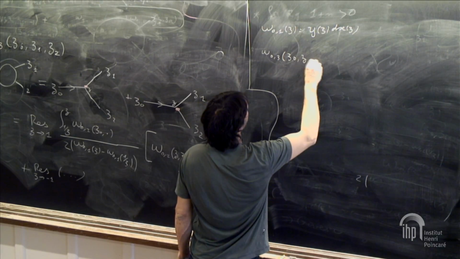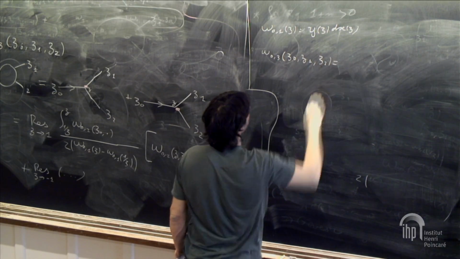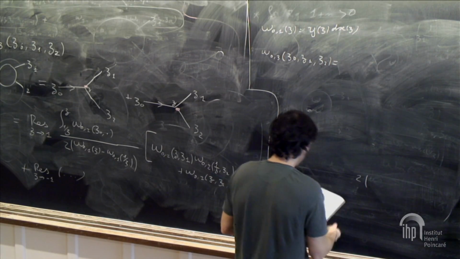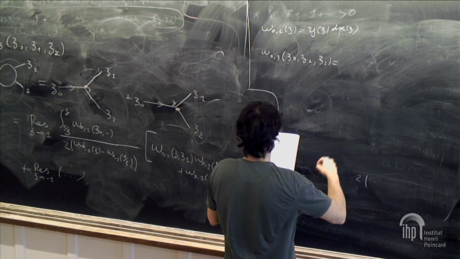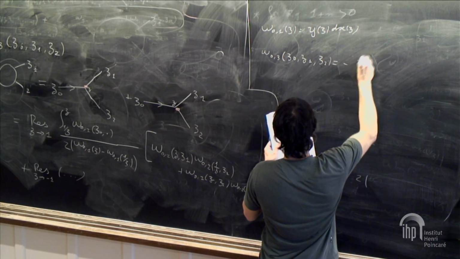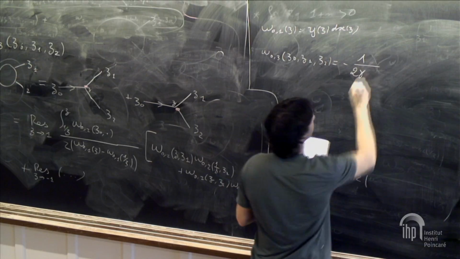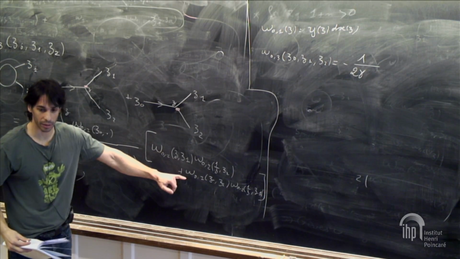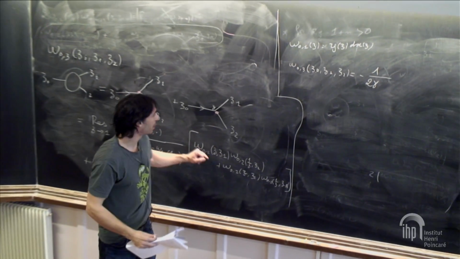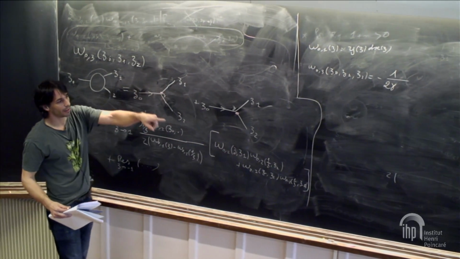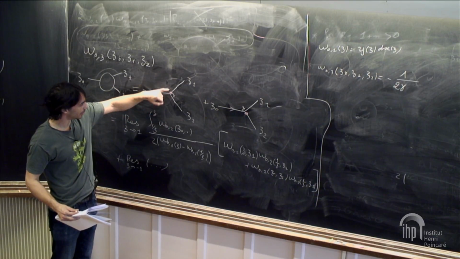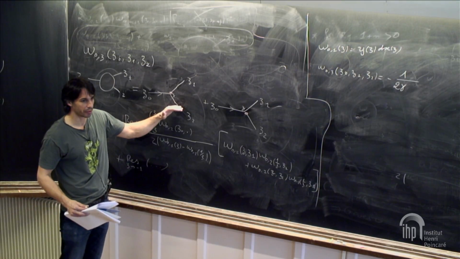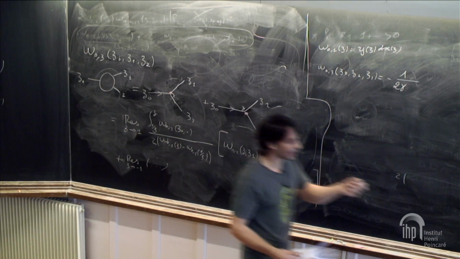C0, C1, C2, which is the sum of two terms. That's why I said that in the equations there, I did make a choice to have one side corresponding to z and the other one corresponding to 1 over z.